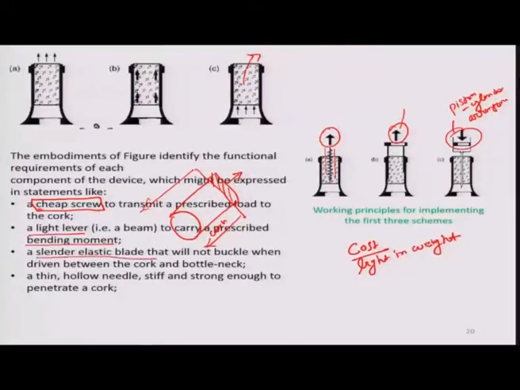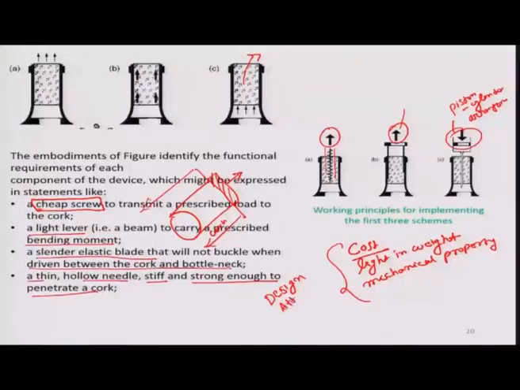A slender elastic blade that will not buckle when driven between the cork and bottle neck, meaning that is the mechanical property. And a thin hollow needle, stiff and strong enough to penetrate a cork, again a mechanical property. So, these are your design attributes to make a cork opener.